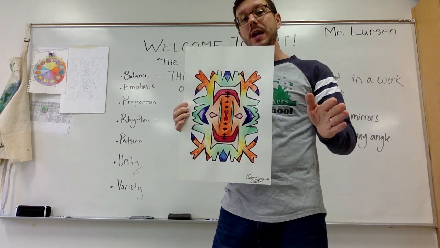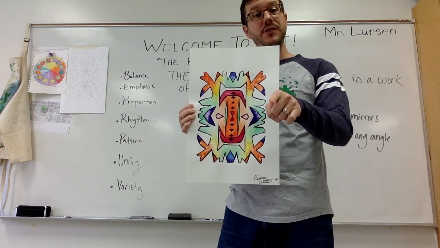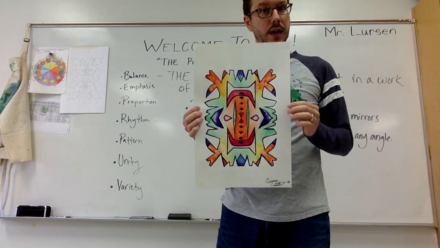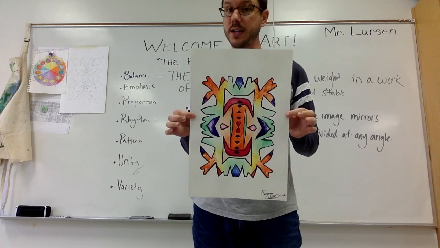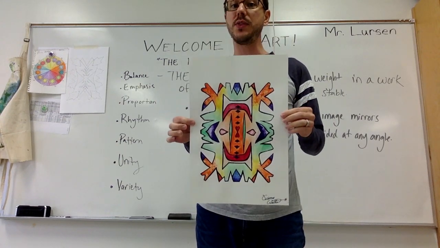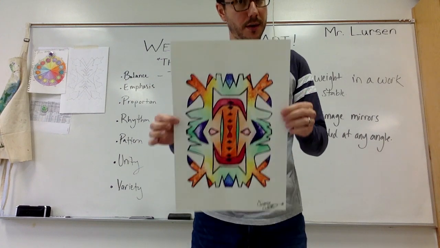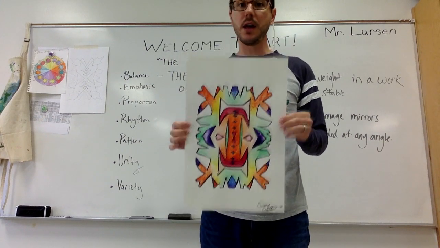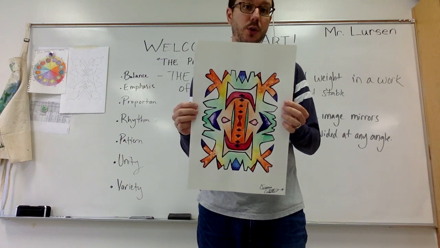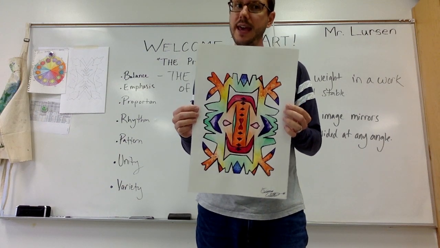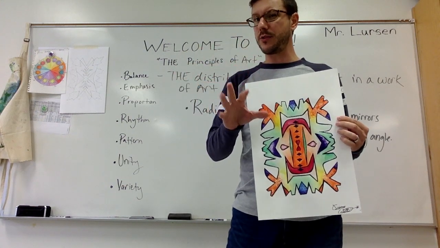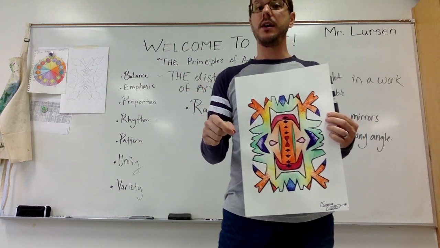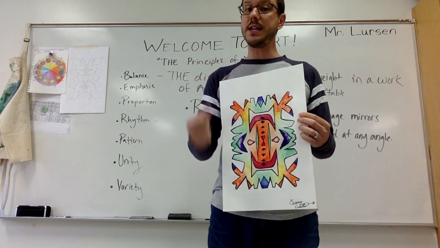You may have already done this in class, or maybe if you haven't, you're about to. But this is the assignment, the graded assignment, associated with the principle of art called balance. Why? Well, because it hits on both symmetry and, in some cases, based on whether you cut like a snowflake design, then it could be radial balance.